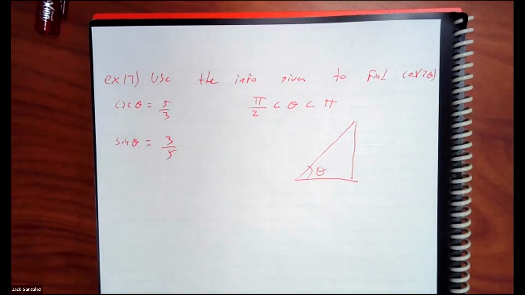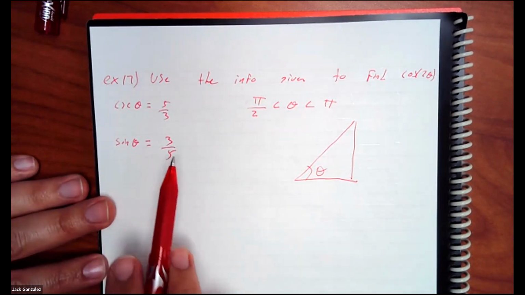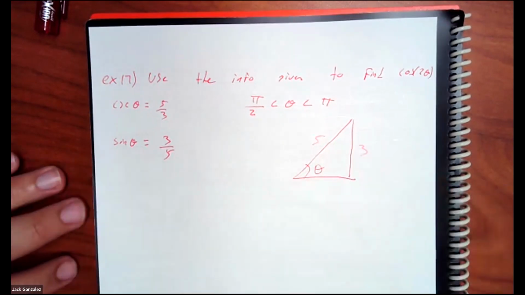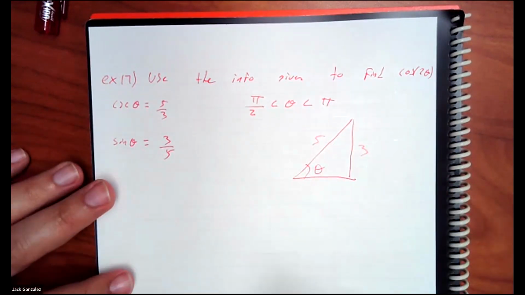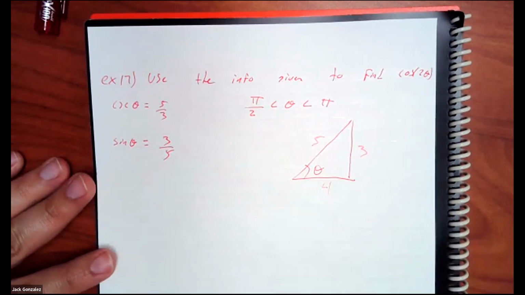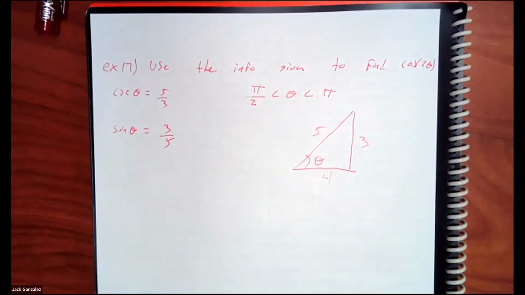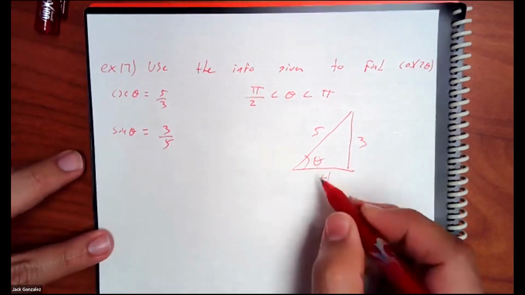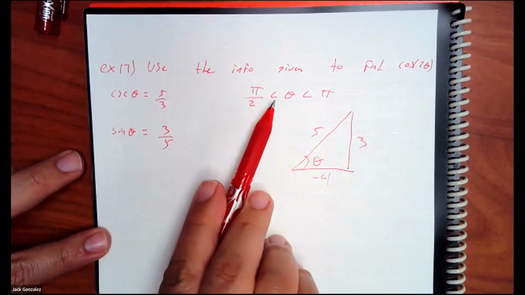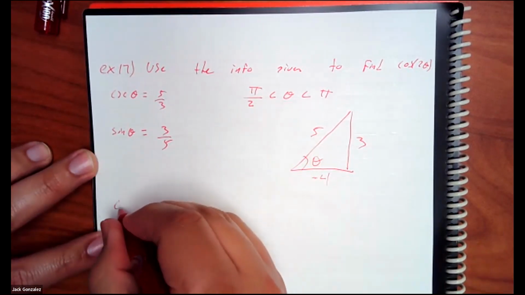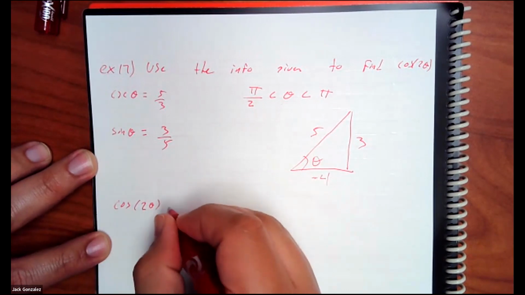Cosecant is technically hypotenuse over opposite. Change to sine, same thing, it's the opposite over hypotenuse. Solve for the side using Pythagorean theorem, you get a 4. So now the question is, what is cosine 2 theta? 4 will be negative because we are in quadrant 2. Okay. So now cosine 2 theta.